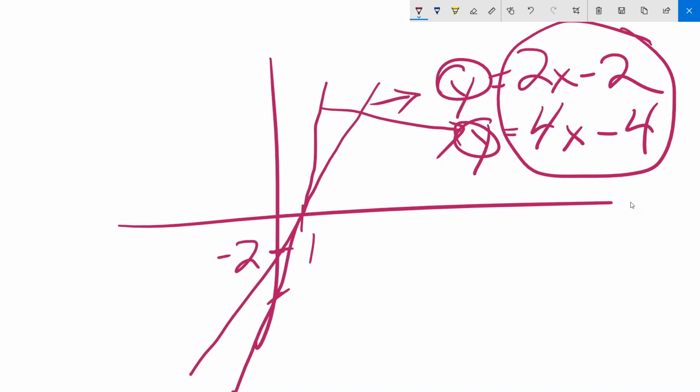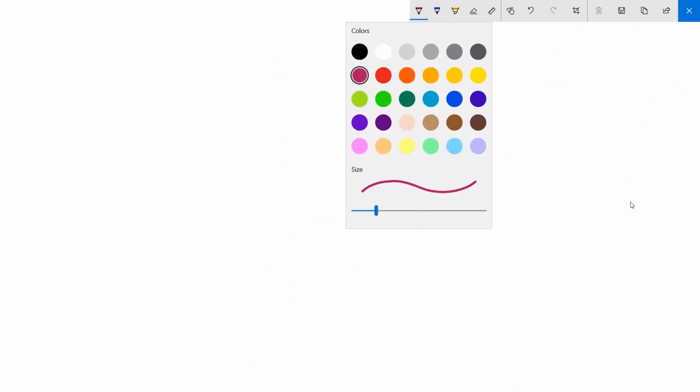I would say two equations that have the same zeros, but I don't even know if that's correct. It looks like they're looking for a single word. I don't know what they're looking for.